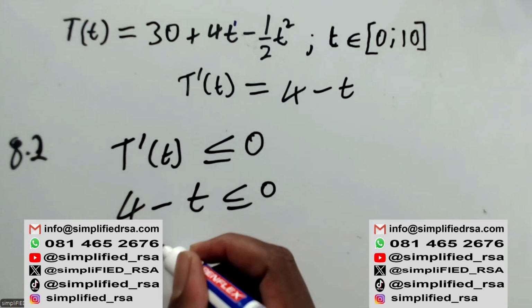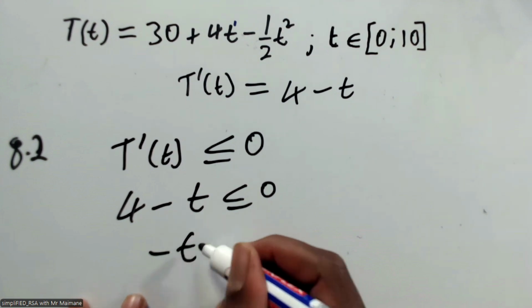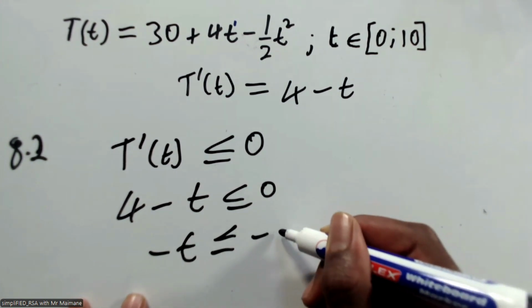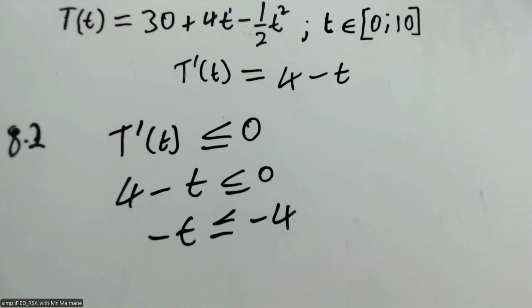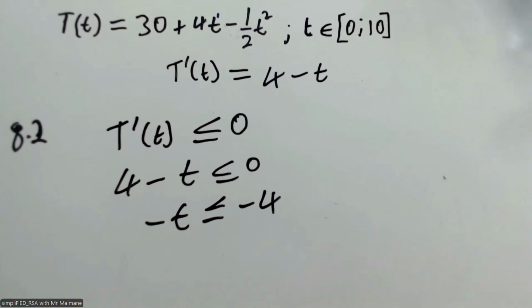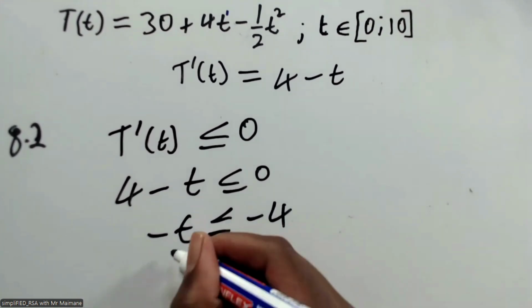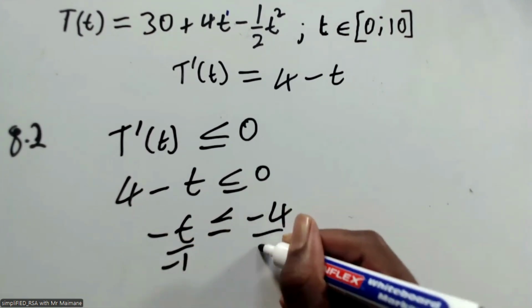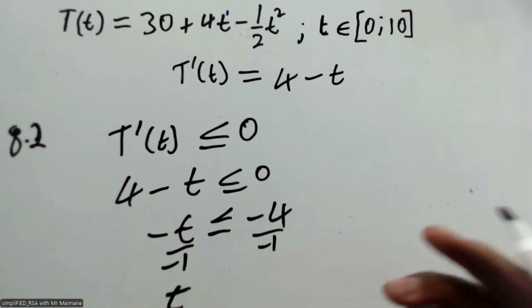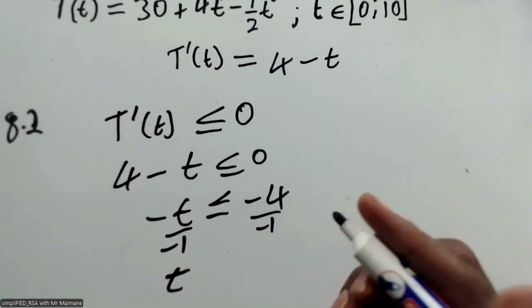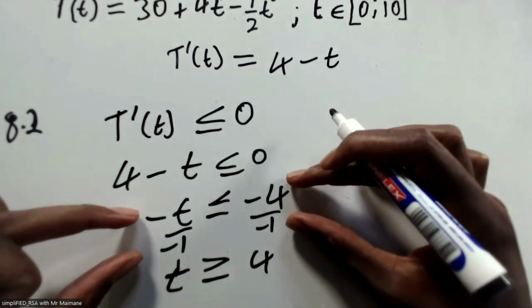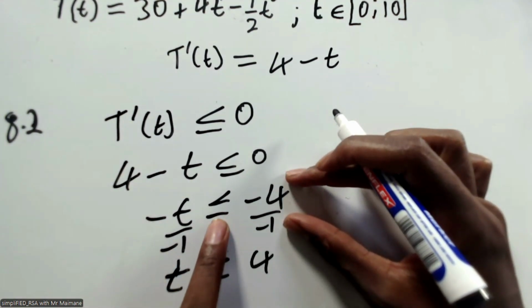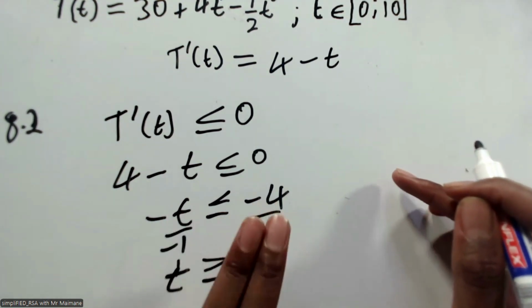Solving for t here, I'll have minus t is less than or equal to minus 4 if I take the 4 to the other side. But now I have to divide by -1 because I'm solving for t, right? If I divide by -1 both sides, I'll have that t is greater than or equal to 4, because whenever you are dividing by a negative in inequalities, the sign changes and faces the other direction.